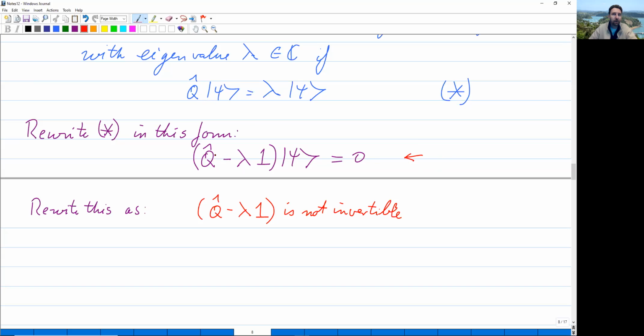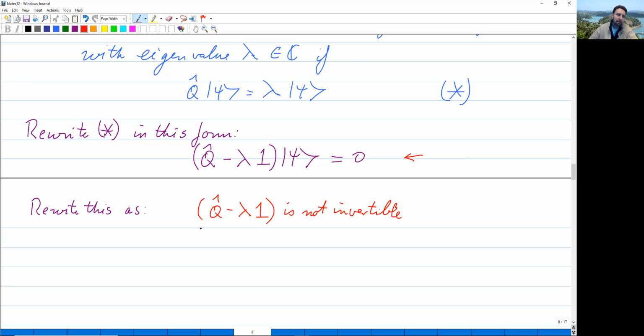Which means that Q hat minus lambda cannot possibly be inverted, because how would the inverse know what multiple of psi you were dealing with, for example? So therefore, Q hat minus lambda times the identity operator is not an invertible operator.